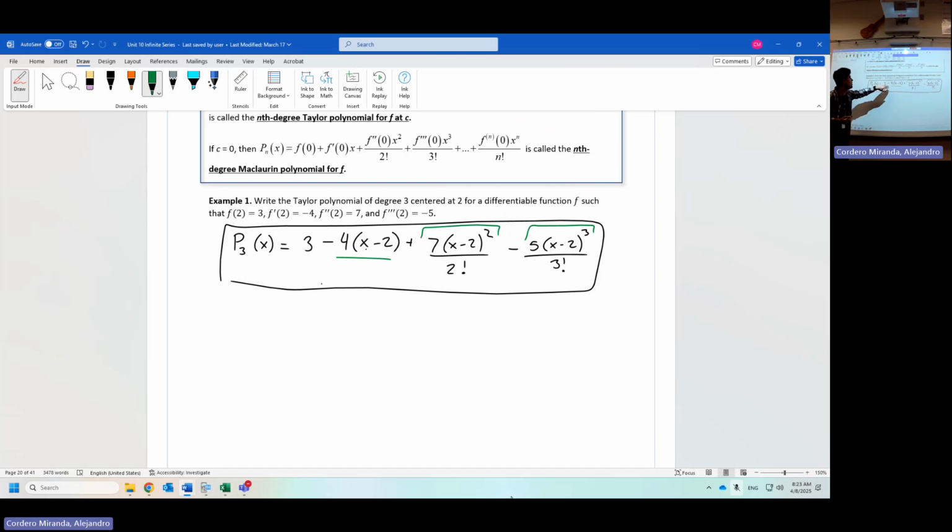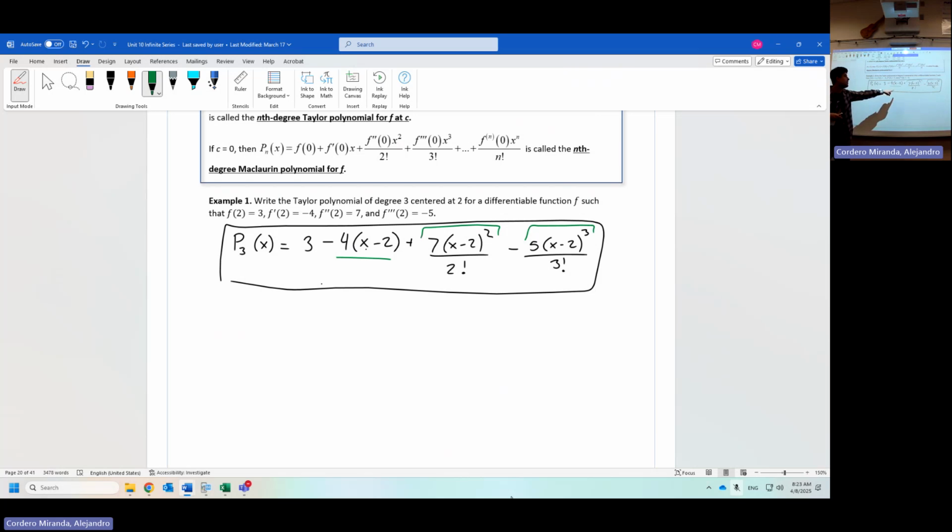But when I plug in 2, I would just get 4 plus 0 plus 0. And so you match the first derivative as well. Take the second derivative, you just get a 7, etc. See what I'm saying? You see the reason for this x minus 2? If you don't believe me, take 1 or 2 derivatives and you'll be like, oh, I understand that. That's the motivation behind this.